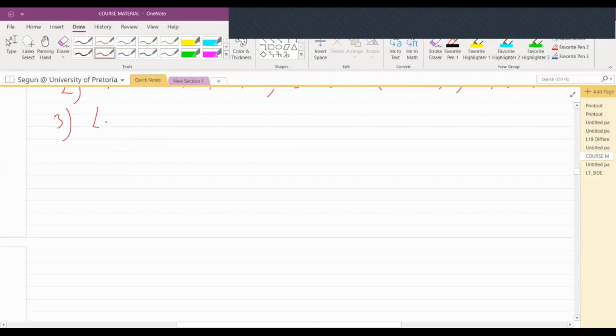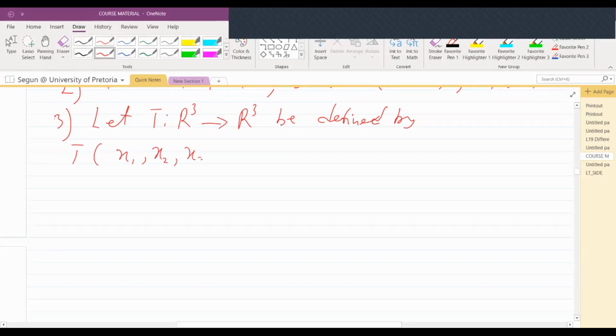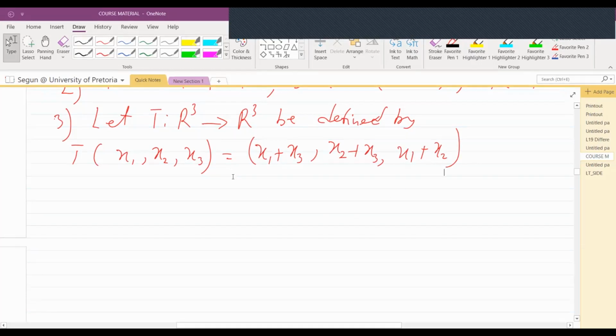So let T such that R of 3 maps to R of 3 be defined by T of x1, x2, x3 equals x1 plus x2, x2 plus x3, then x1 plus x2.